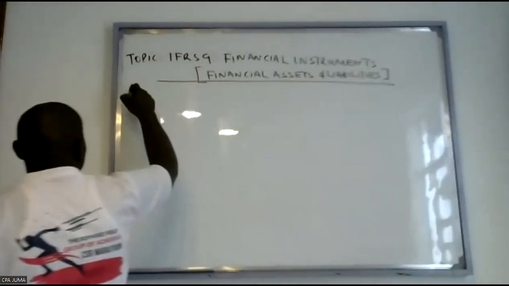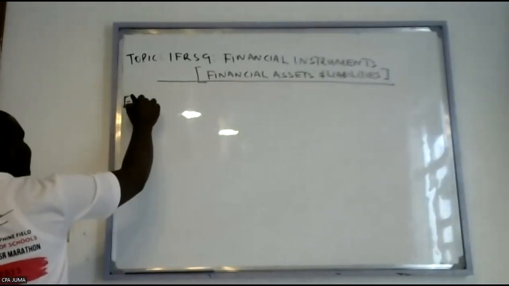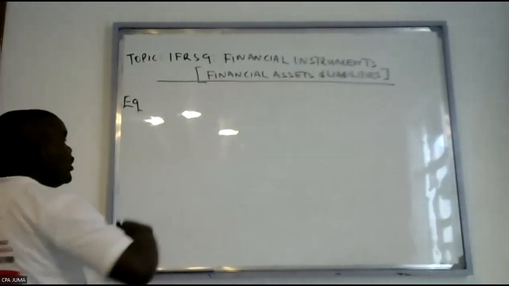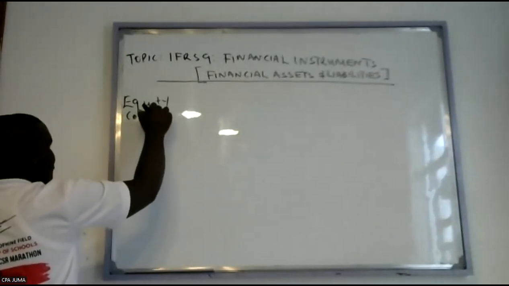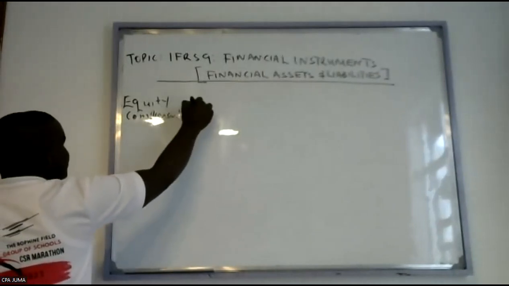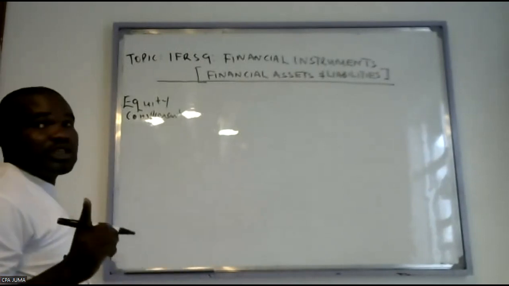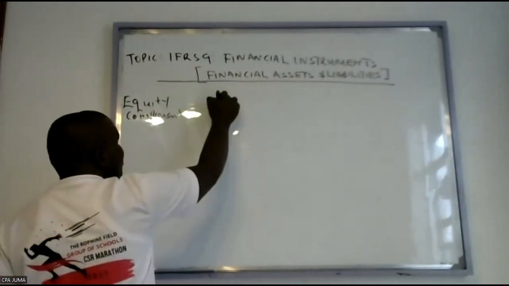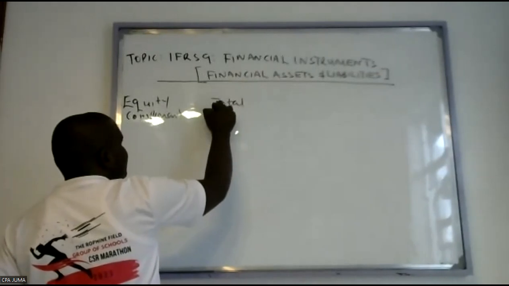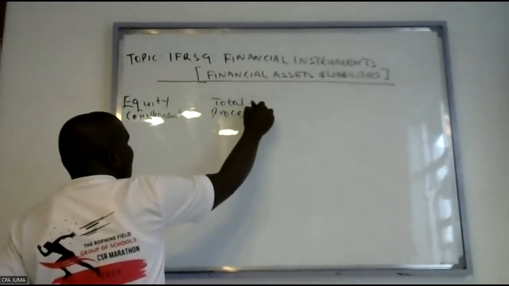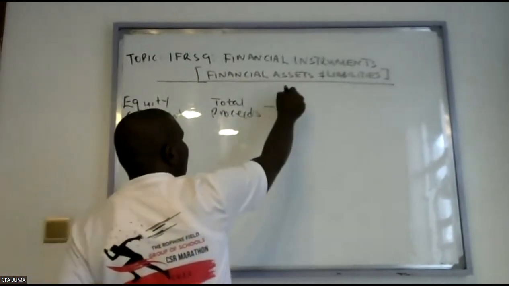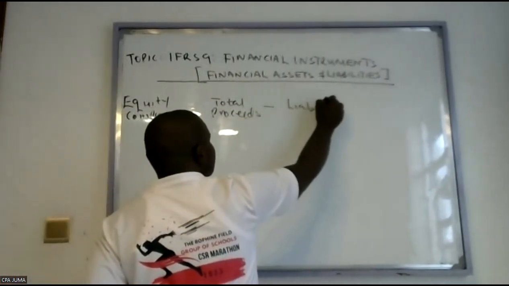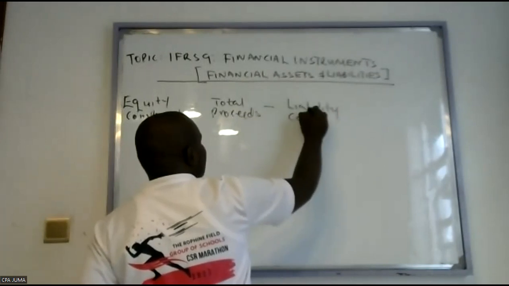So in that question, they want us to get the equity. So let's solve this together. Equity components. So the equity component, you will take the total proceeds. How much did you borrow? So total proceeds minus the liability components.